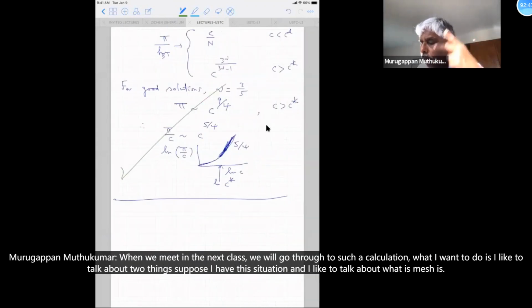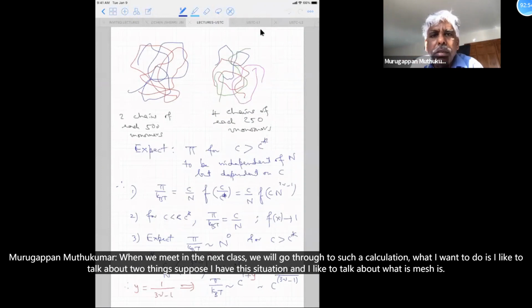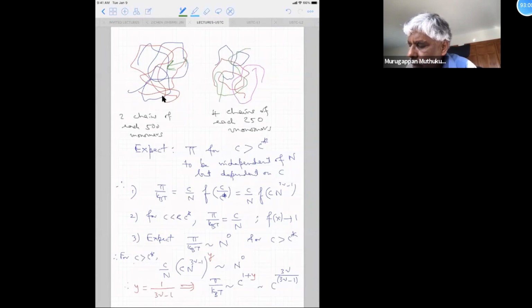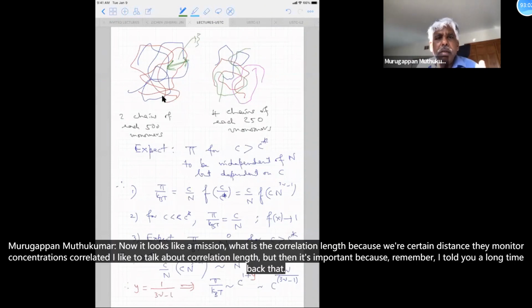What I want to do is talk about 2 things. Suppose I have this situation, and I'd like to talk about what the mesh size is. What is the correlation length? Because over a certain distance, the monomer concentration is correlated.